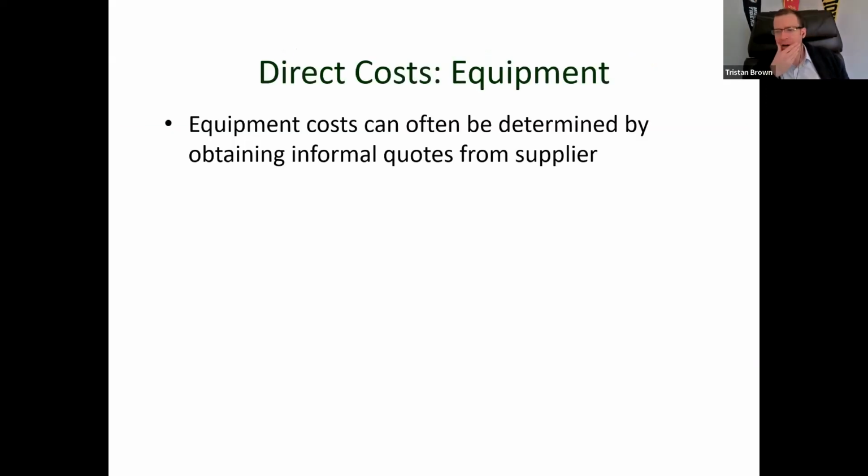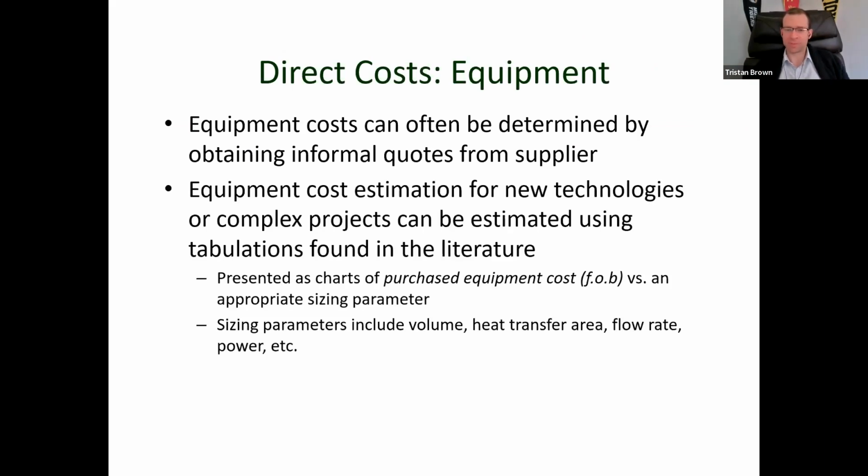When it comes to direct cost, a common question I get from students is, how can we calculate this? Especially when we're talking about a newer technology, where you can't just call someone up and ask them, what's the cost of building this type of facility? Well, equipment costs can often be determined by obtaining informal quotes from a supplier. And especially for master's and PhD students, this is very, very common, is just call up the supplier and find out.